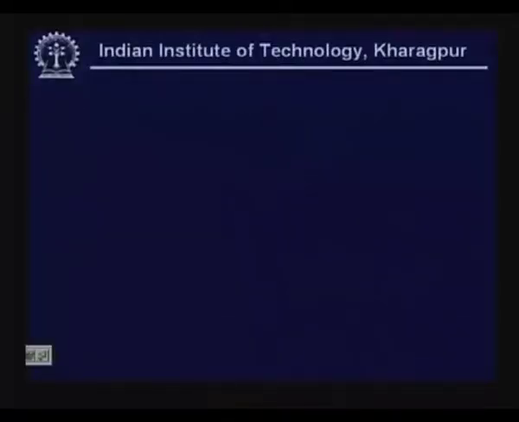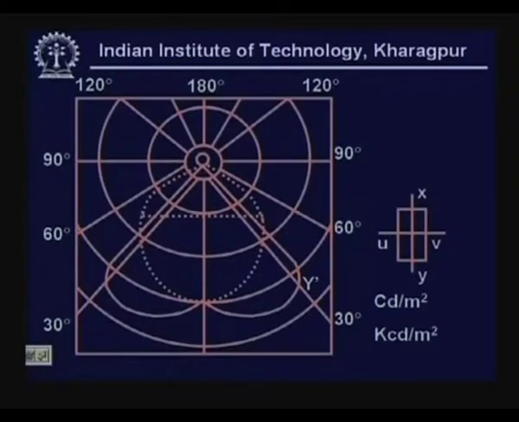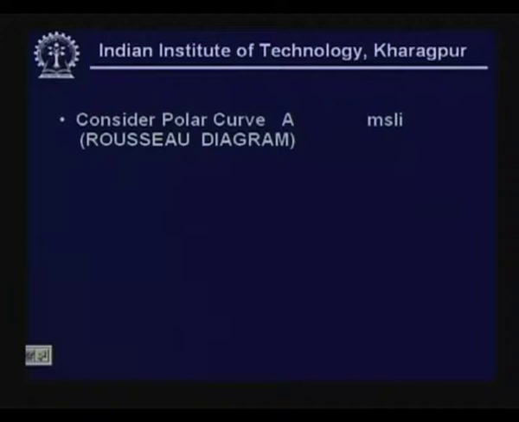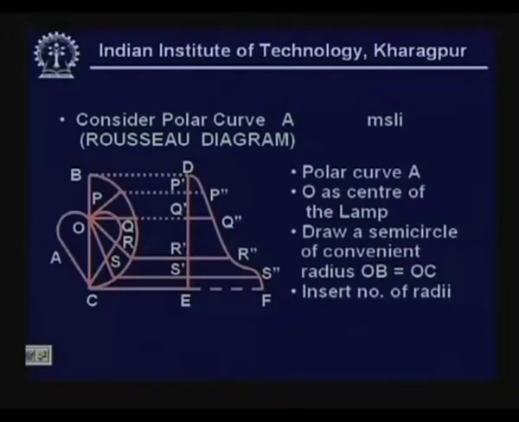But observe, when it is given in this kind of a direction, the light intensity is not the same in all directions, and that is taken care of by considering the polar curve provided.